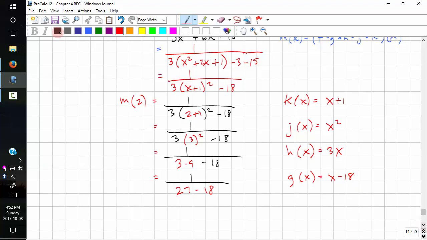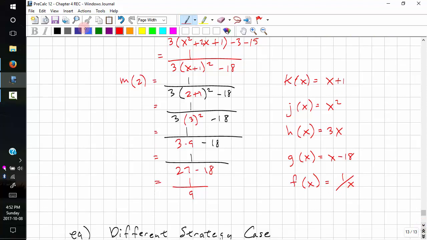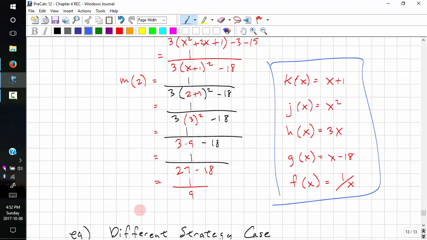And finally, we have 1 over 9. So our f of x is 1 over x. And we box our answer. So m of x equals f of g of h of j of k of x.